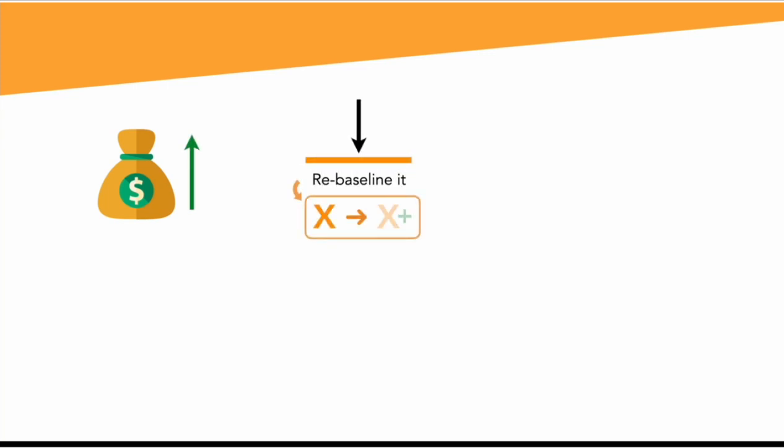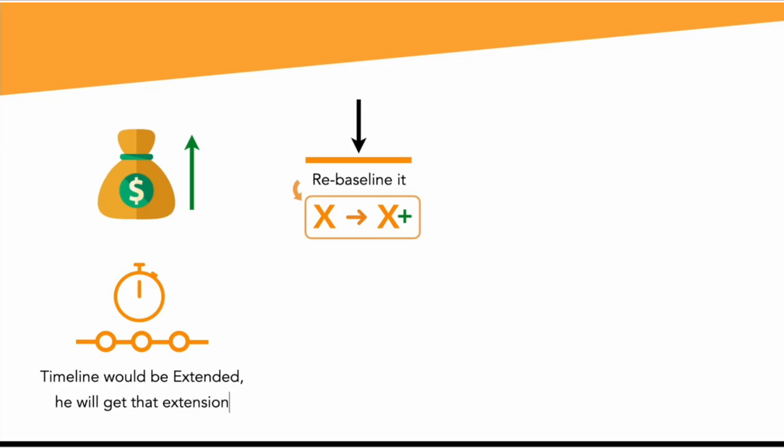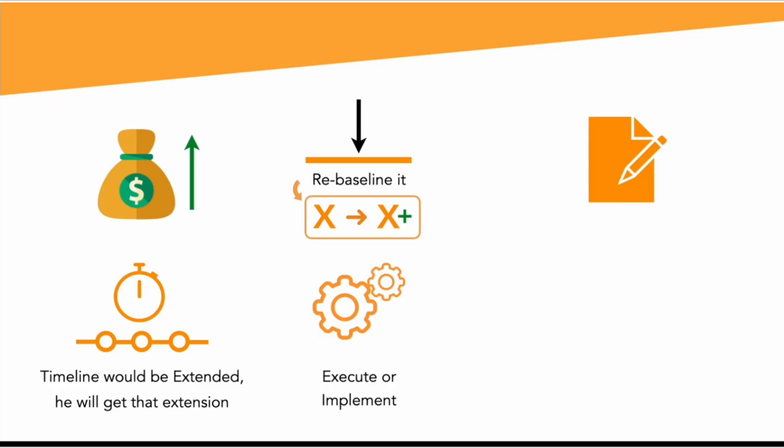So if the budget needs to be increased, he will then re-baseline it from X to X plus, or if the timeline will be extended from the current deadline, then he will get that extension as a result of that acceptance. He then executes or implements that change, all the while documenting and communicating all these changes and the disposition of the change.